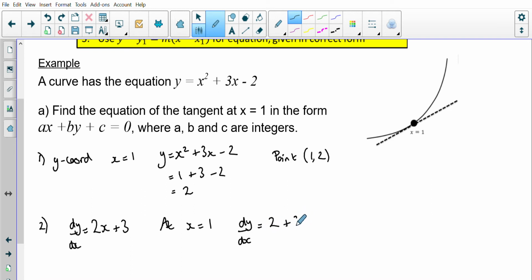We get 2 plus 3 equals 5. So the gradient at x equals 1 is equal to 5, and so we know the gradient of our tangent is equal to 5.